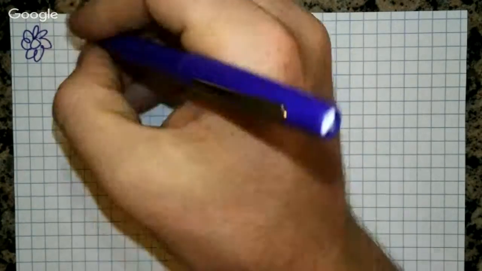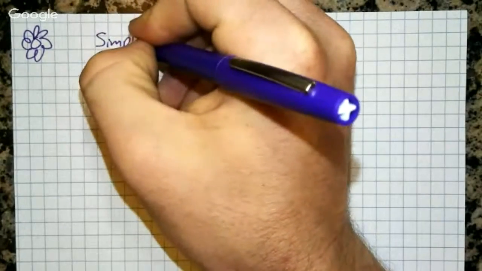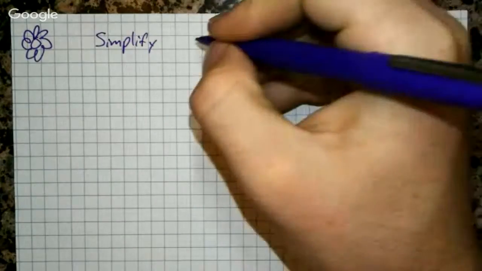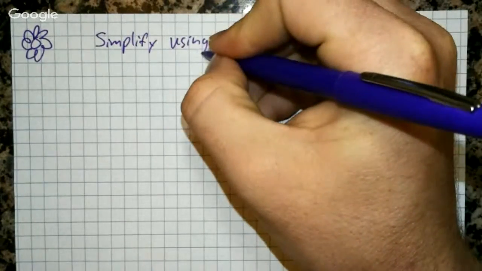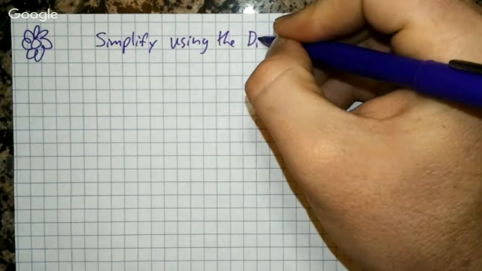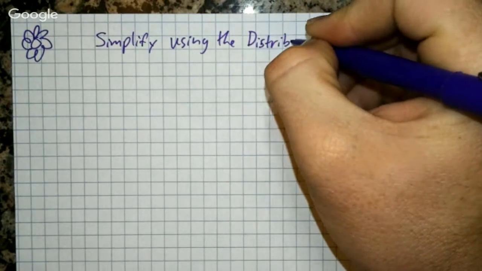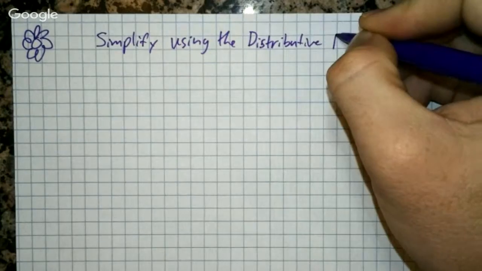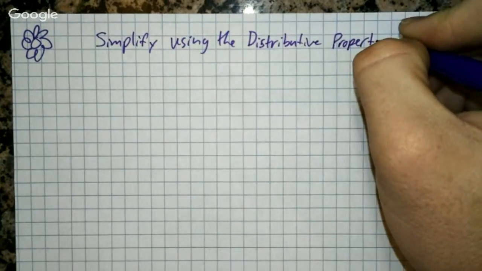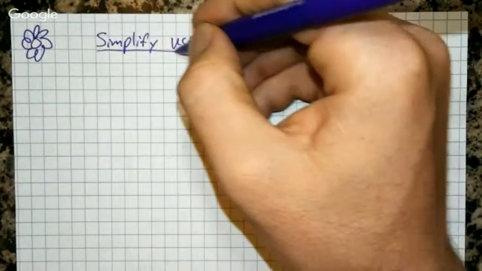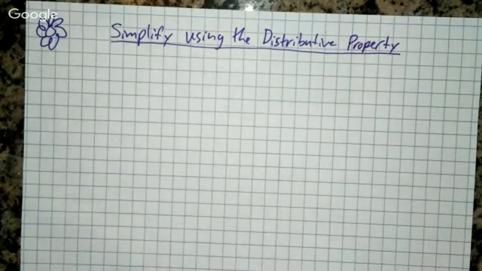The first thing we're going to talk about is how to simplify using the distributive property. Okay, simplify using the distributive property.